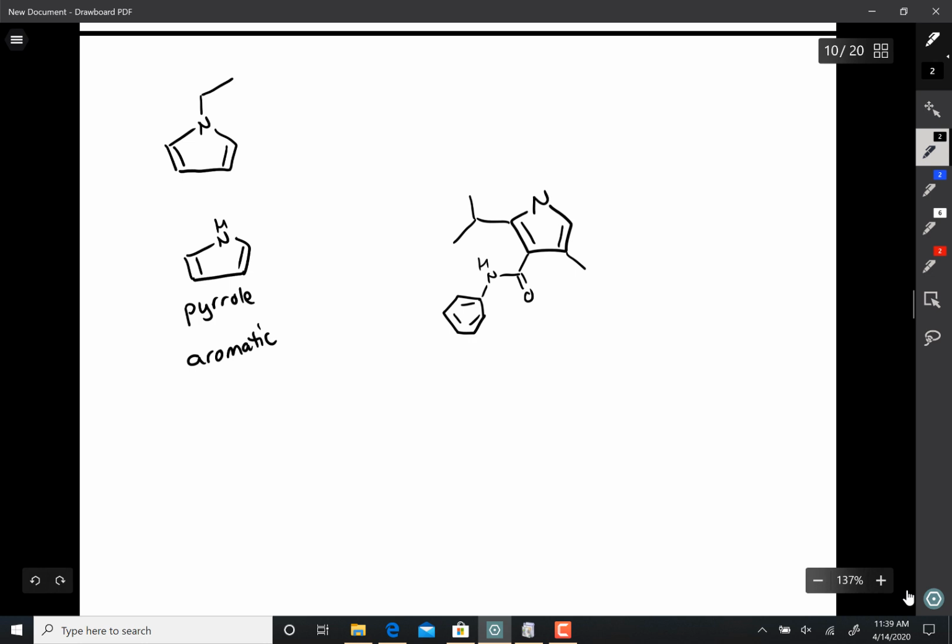And this has a phenyl group right here. And this also has a phenyl group. Oops, 2 carbons.